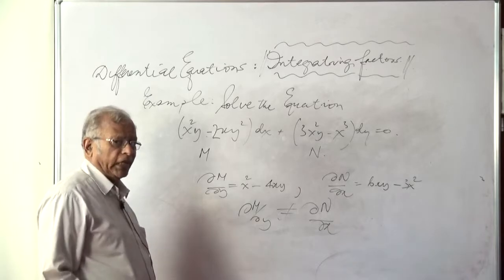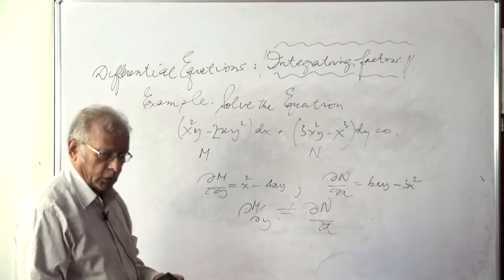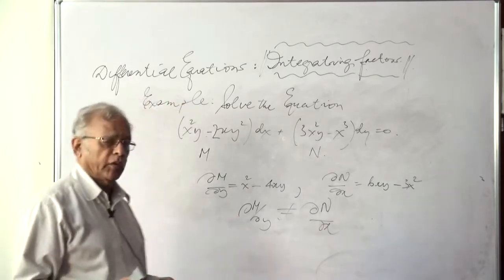So, we will have to invoke an integrating factor, which we have said is 1 over Mx plus Ny. We will now proceed to evaluate the value of Mx plus Ny.